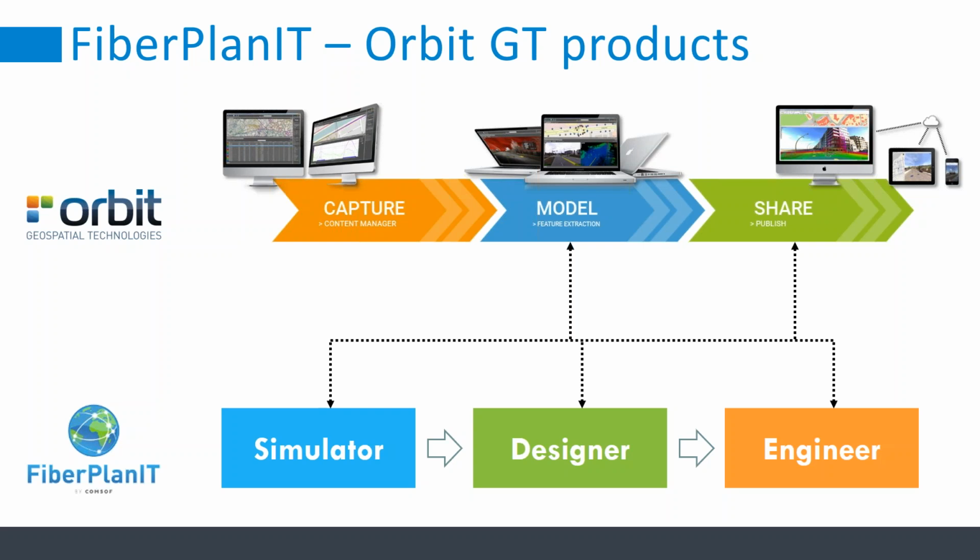And the outcome of your design is again GIS data that can be fed into the Orbit platform, so that you can make the necessary changes and then automatically rerun your design, fine-tune it with the FiberPlanIT designer, so that you get an updated design which is feasible and constructible.